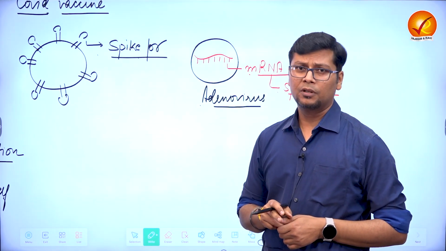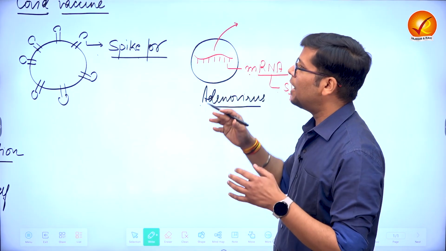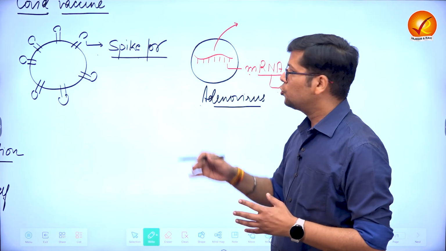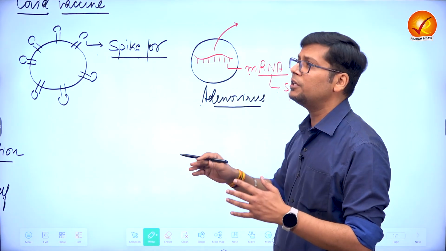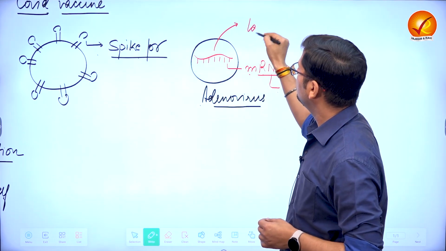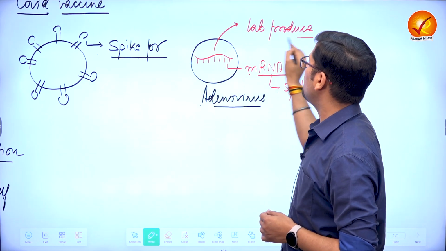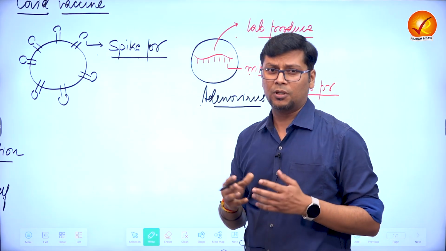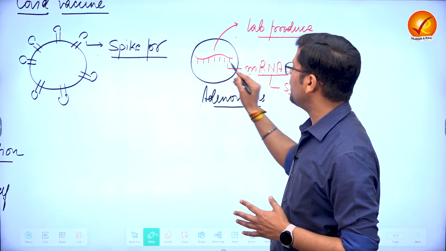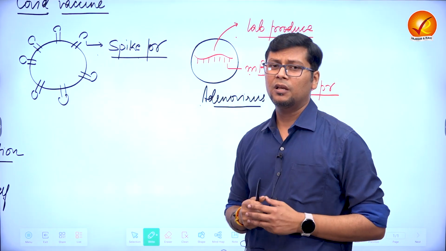The spike protein. And let me also tell you, we stand at a point today wherein it is possible to produce any RNA or DNA of your choice sequence in the lab. So we can easily lab produce any mRNA of our choice. That's not a problem. So you just need to formulate that mRNA in the lab and package it in the adenovirus. Your vaccine is ready.